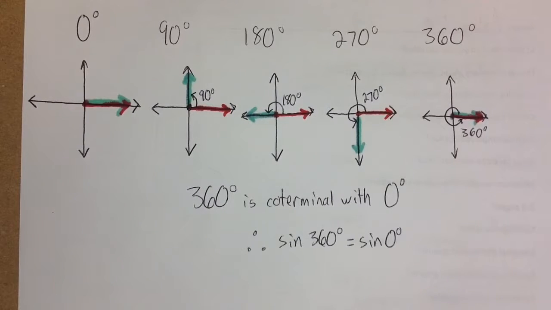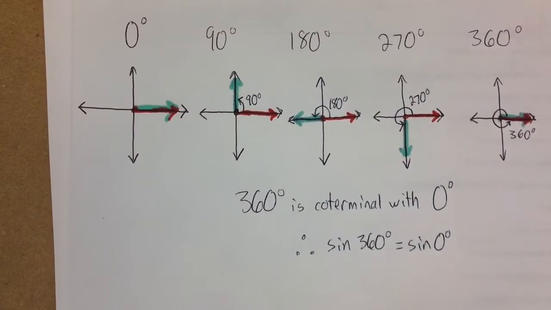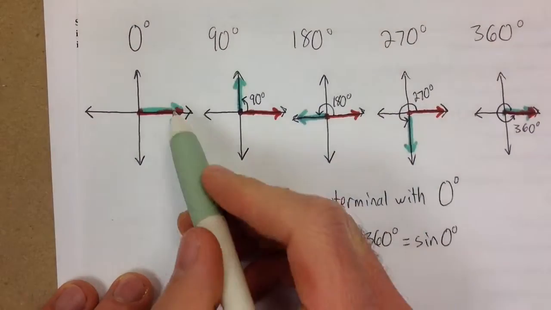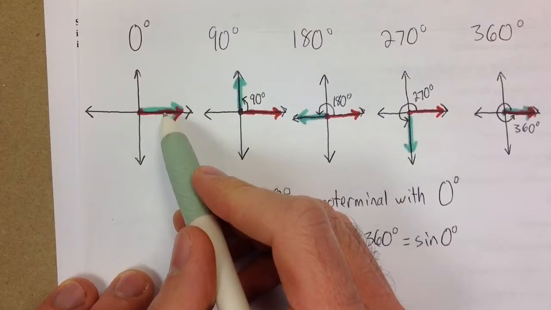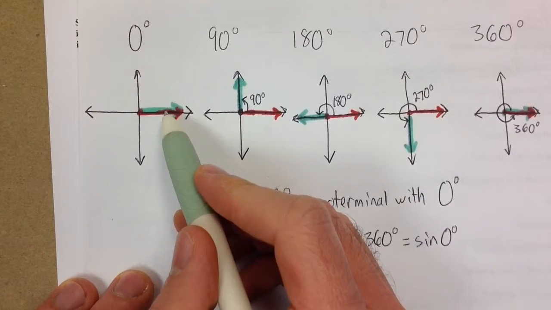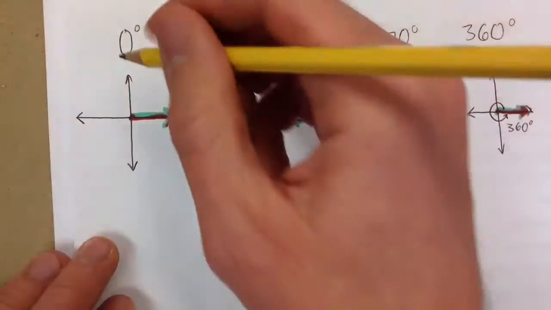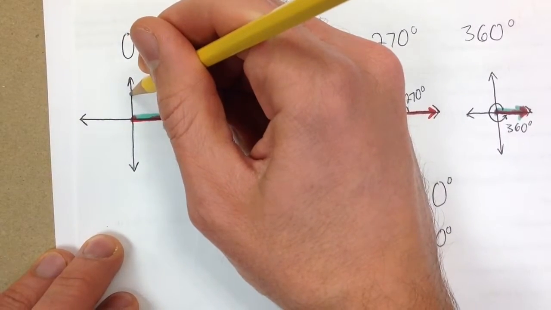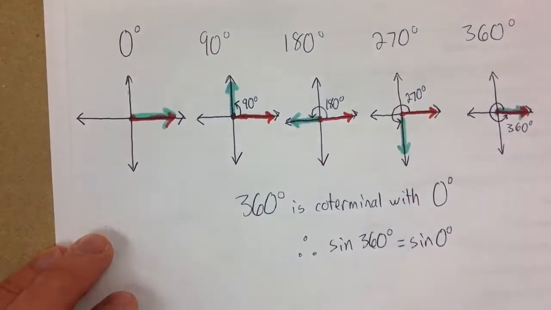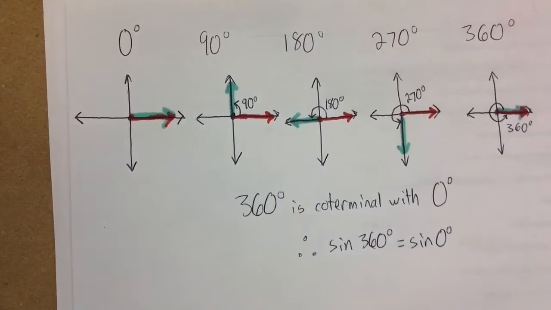I asked you to find coordinates of points on their terminal sides, so let's do that now. Jessica, could you give me coordinates of a point on the terminal side for 0 degrees? 0, 1? Oh, sorry, try again. 1, 0.